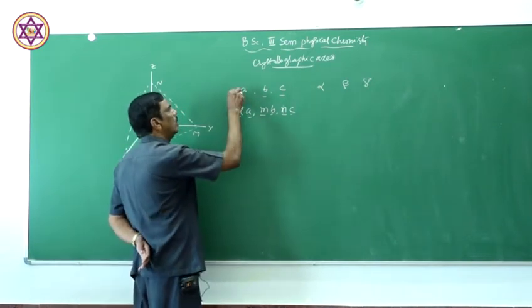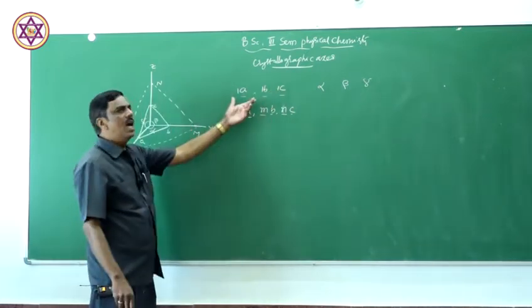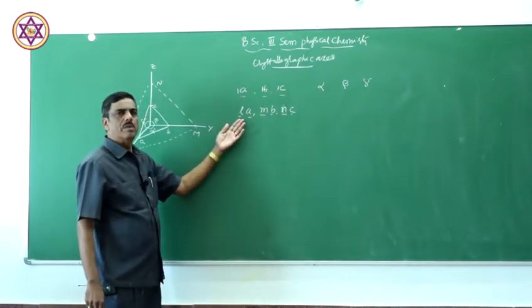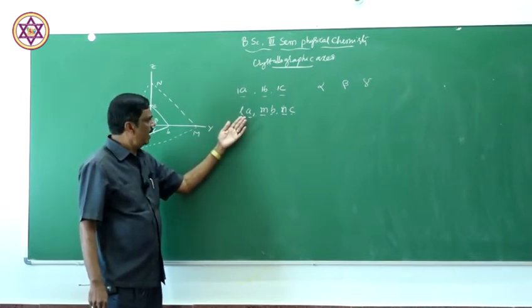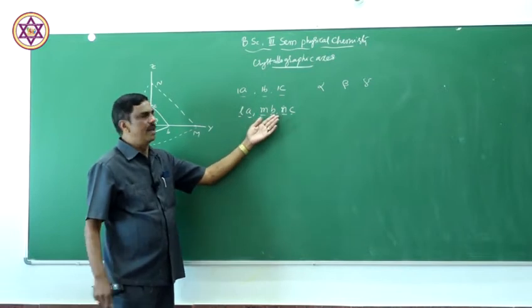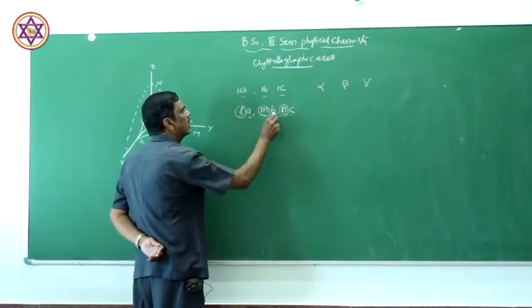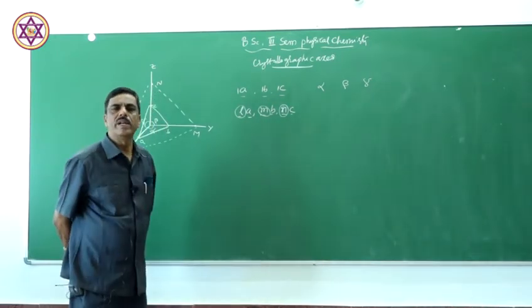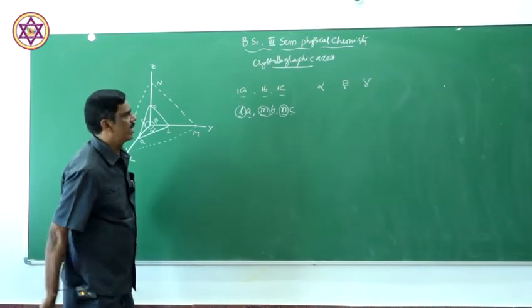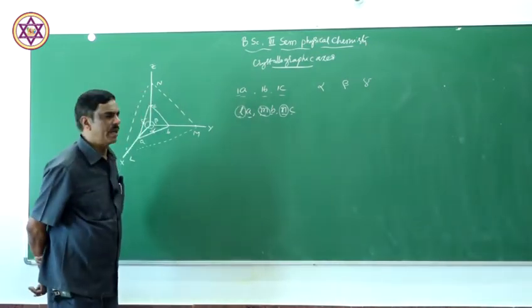It may be unit length 1A, 1B, 1C, or it may be unit length multiplied by L, M and N. These are the coefficients of the intercepts A, B, C in the x, y and z directions. So, it may be unity or multiples of unity.